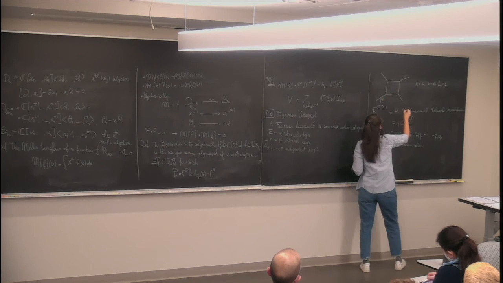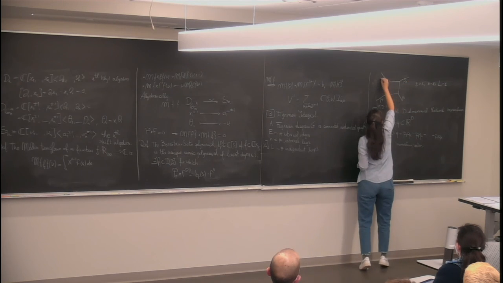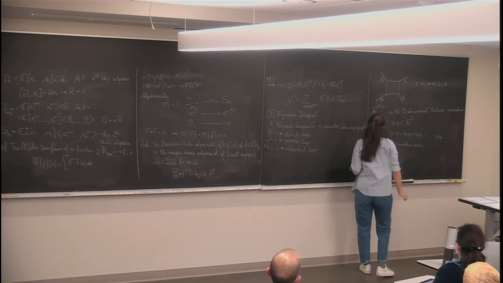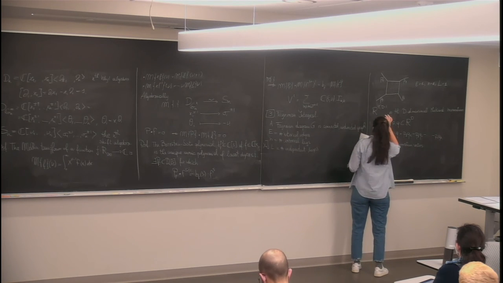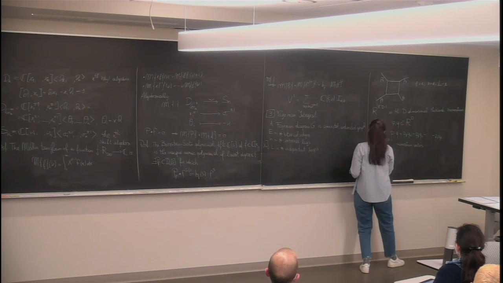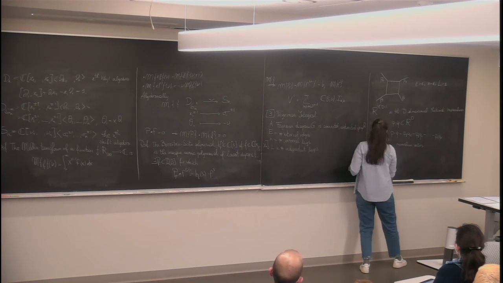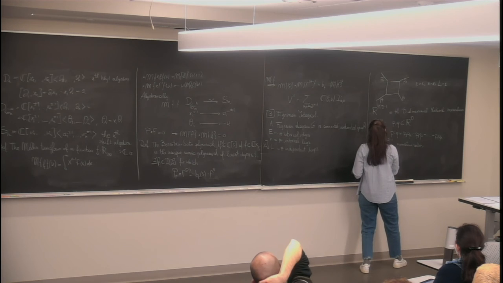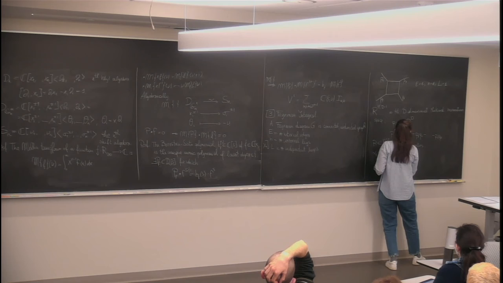So we have p_1, p_2, p_3, and p_4. And to each internal edge, instead, we associate some complex parameters. So to each internal one, we associate an alpha_e in C star, and these are called Schwinger parameters.